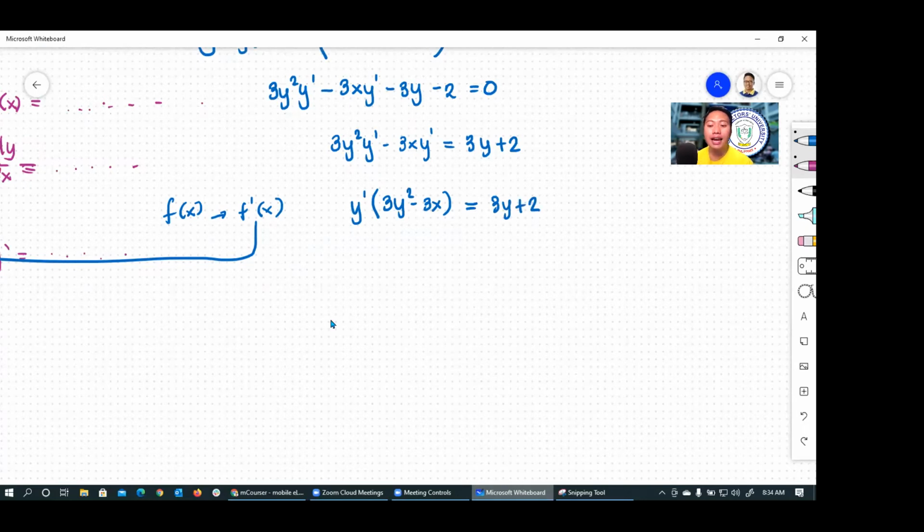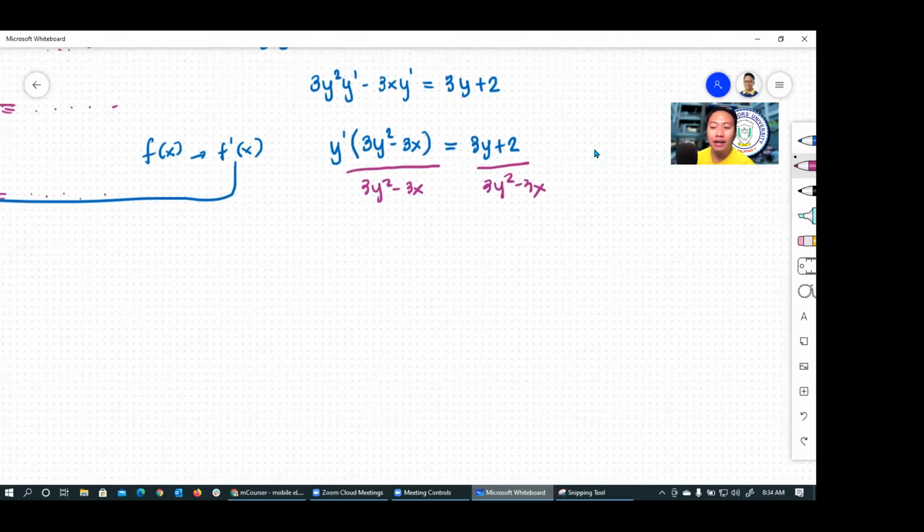And then dividing both sides by 3y squared minus 3x, the final answer is y prime equals 3y plus 2 over 3y squared minus 3x.